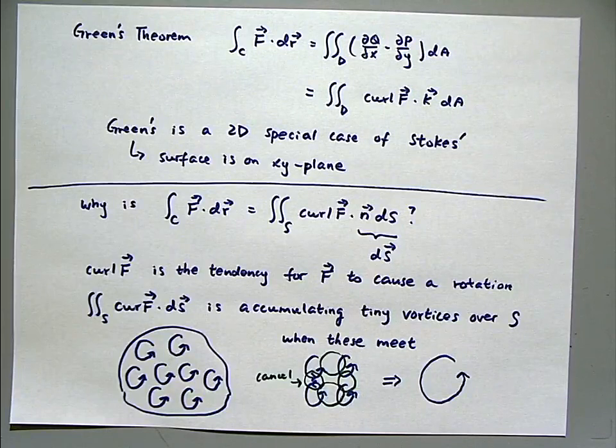So this is the circulation on the boundary. So that's why we end up doing a line integral on the boundary, and that's going to turn out to be the same as the curl of F dotted with dS.